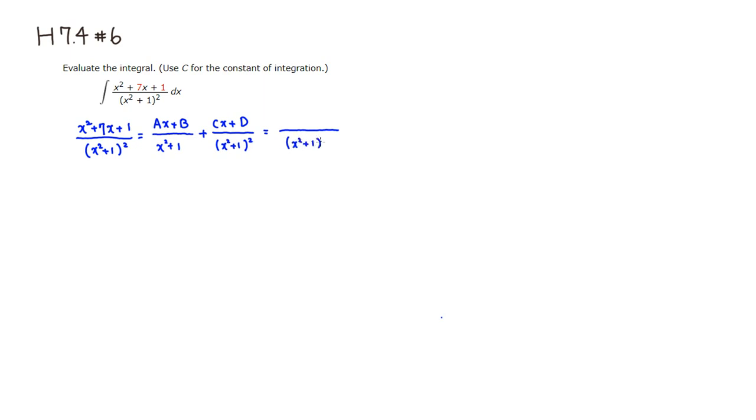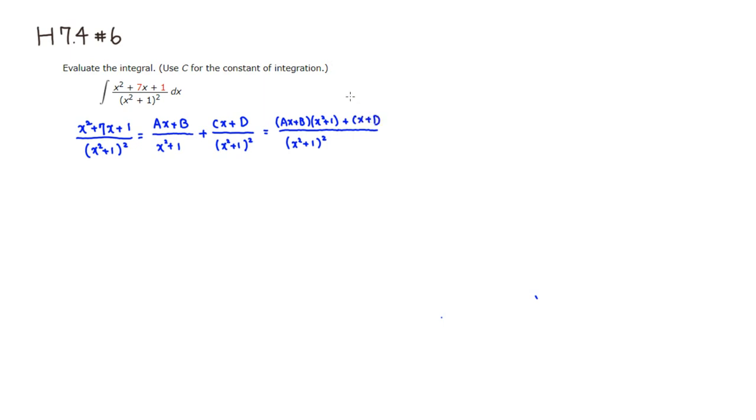plus 1 squared. So we're going to have to multiply ax plus b by x squared plus 1, plus, right here we don't have to do anything, so we have cx plus d.